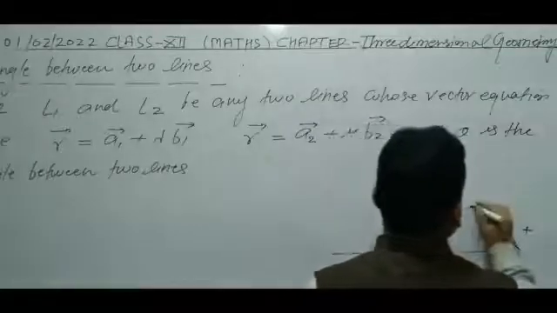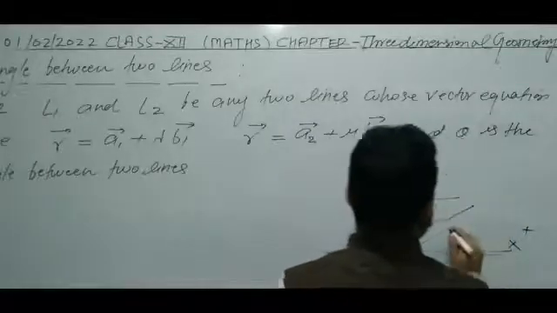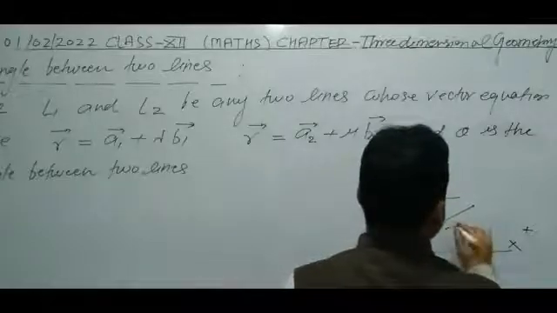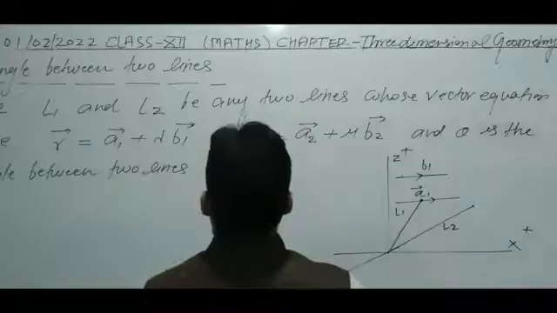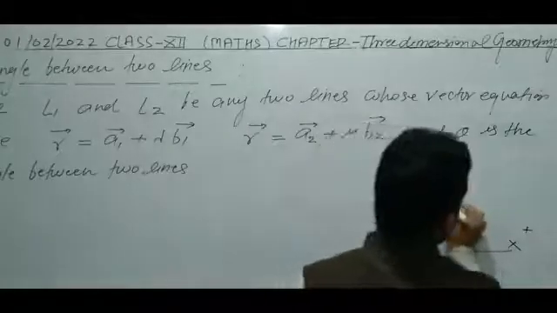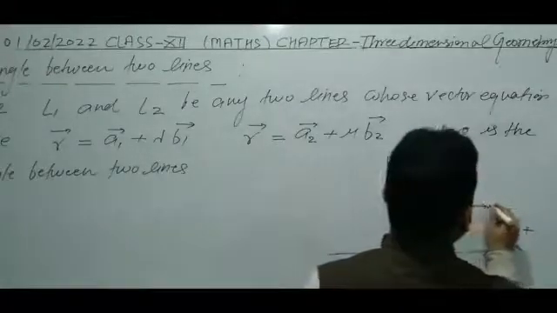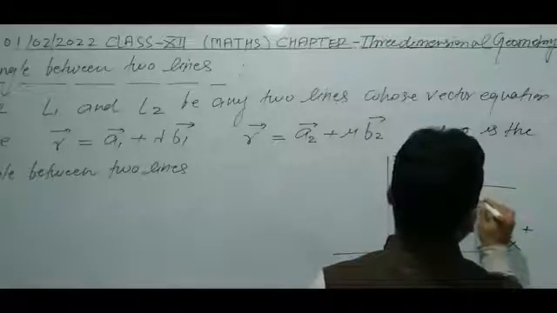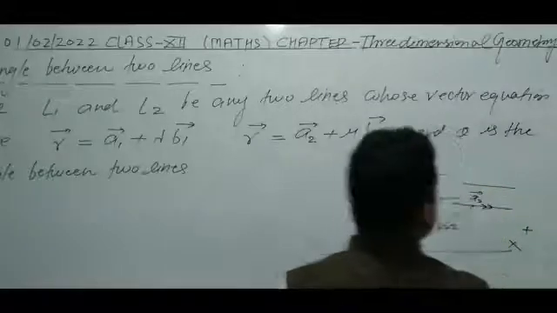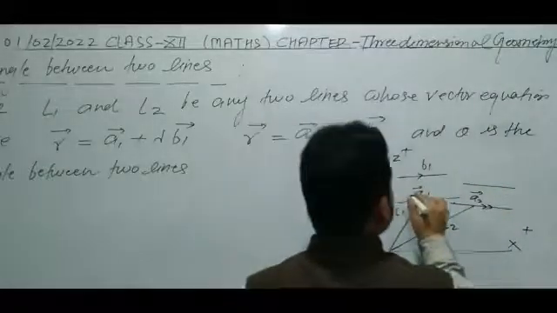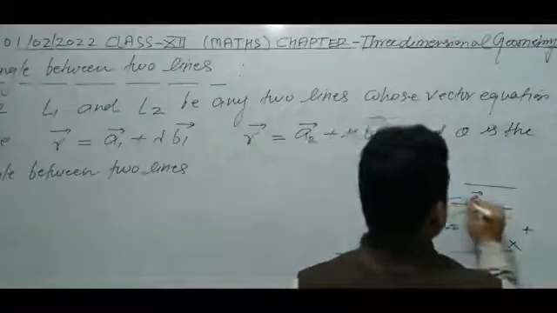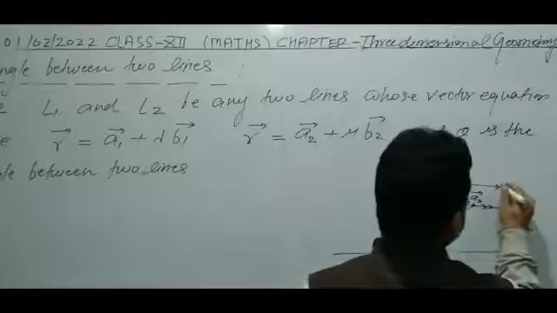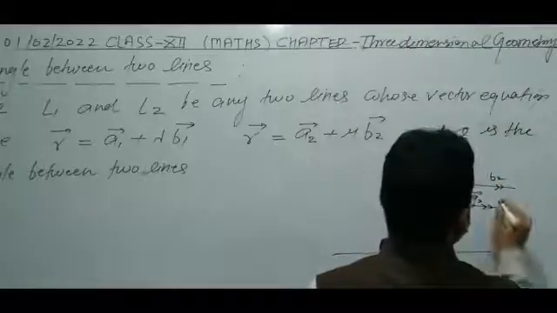Now suppose this is line L2, passing through, suppose, point B. This is point A and this is point B whose vector equation is A2, and this is parallel to vector B2.